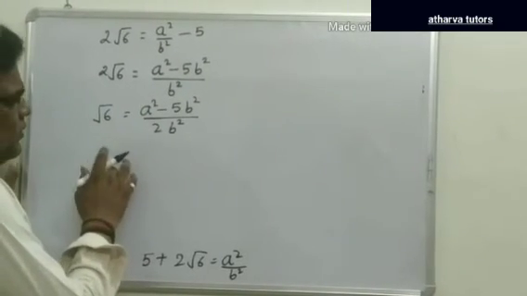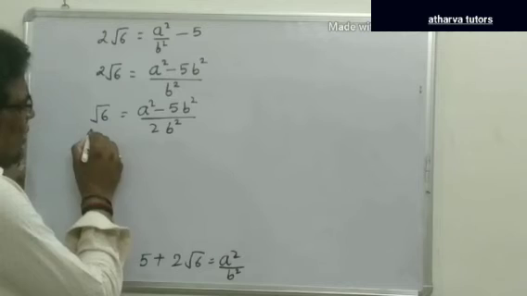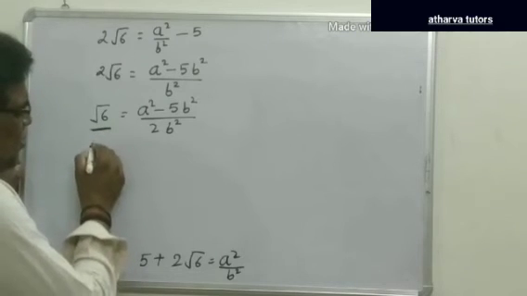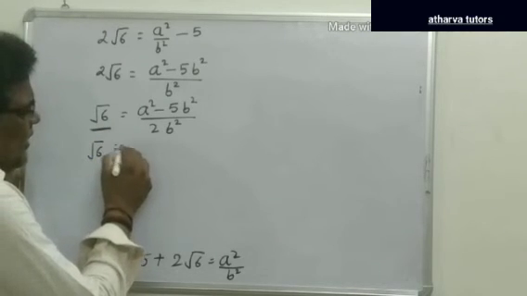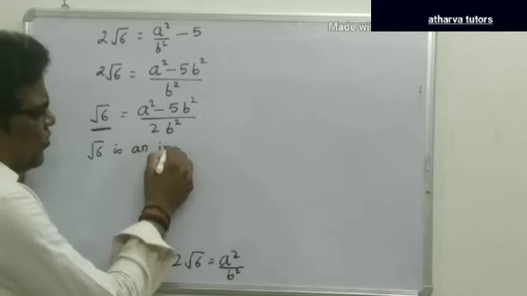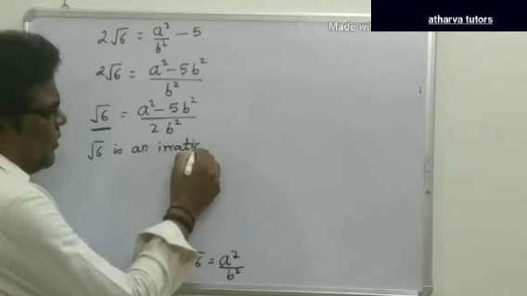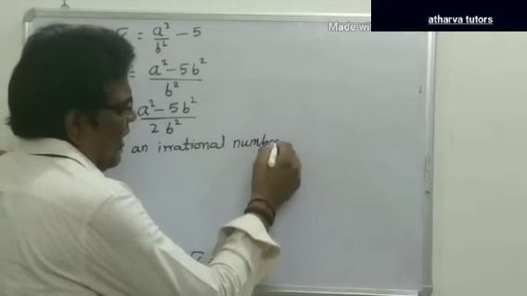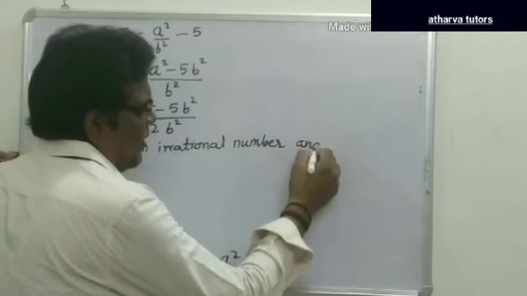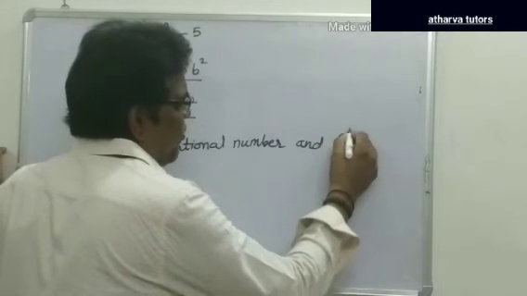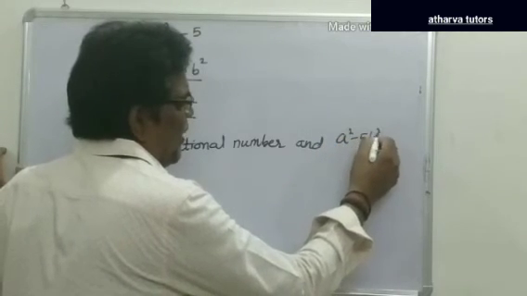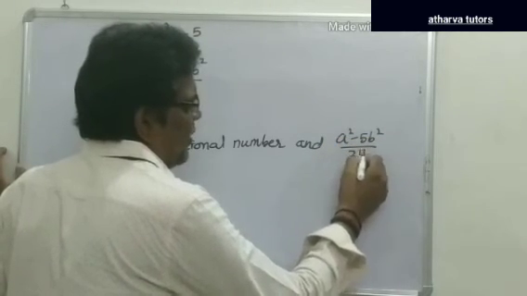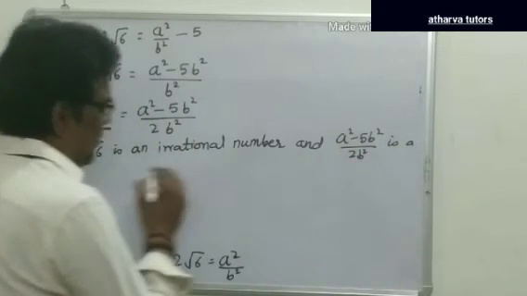Now, as you see, this root 6 is an irrational number, and this a square minus 5b square upon 2b square is a rational number.